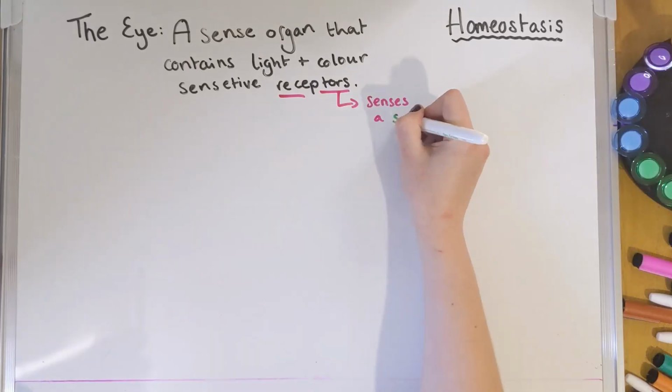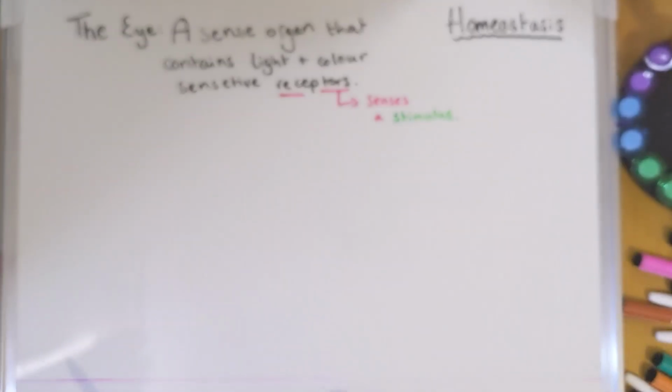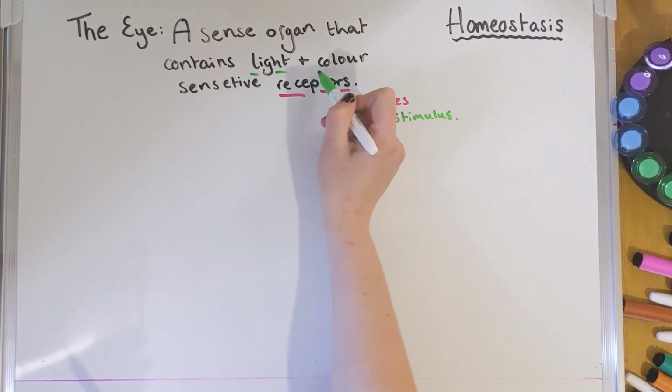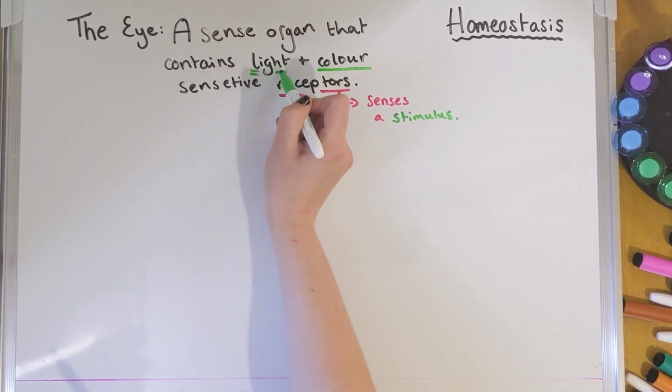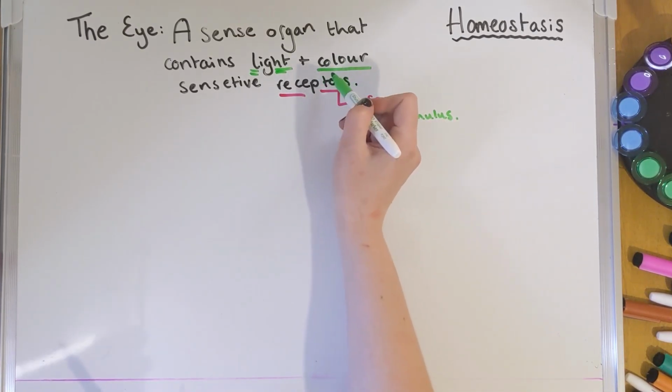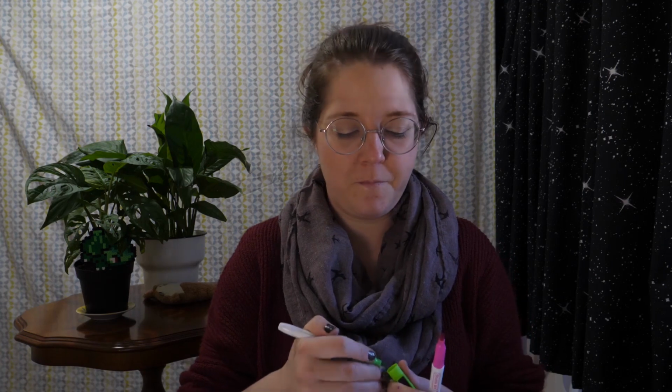So you've got eyes, your ears, your skin, for example, detects temperature and pressure changes. And the stimuli in our case with the eye is this light and colour. And from the introduction I mentioned rod and cone cells, and it's these two types of cells that give you all the light and dark and colour vision that you have.